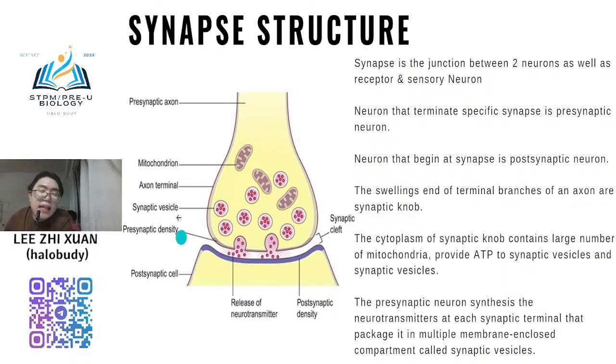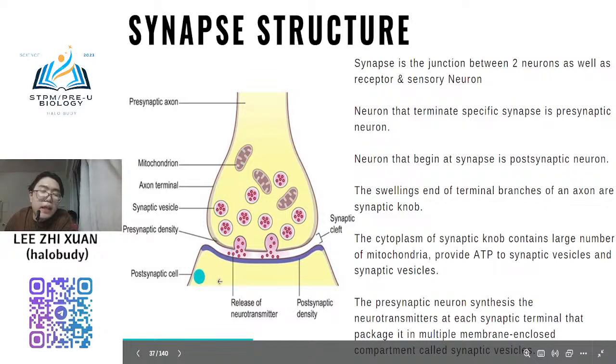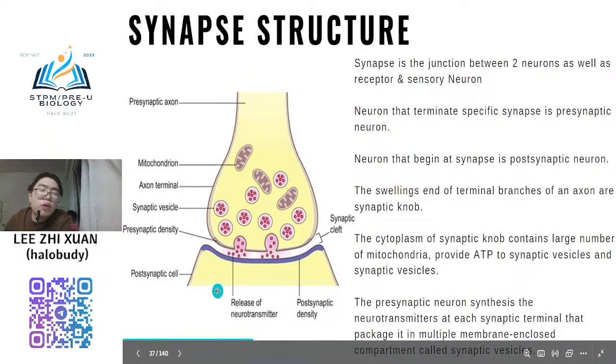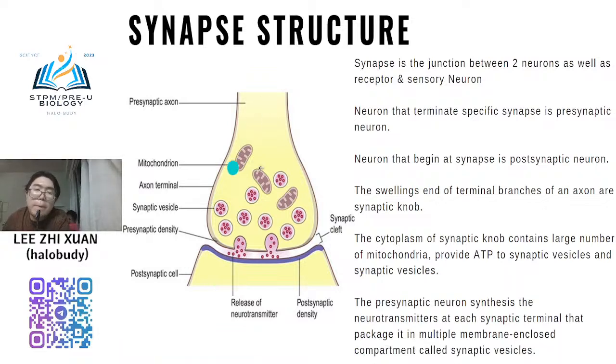Okay, so you see that this is one neuron, A, and then this is the opposite neuron, B. So this is what we call the presynaptic axon and the postsynaptic cell, the presynaptic neuron and also the postsynaptic neuron. So presynaptic is where the electrical impulse is coming in, and then postsynaptic receives the electrical impulse from the presynaptic axon.